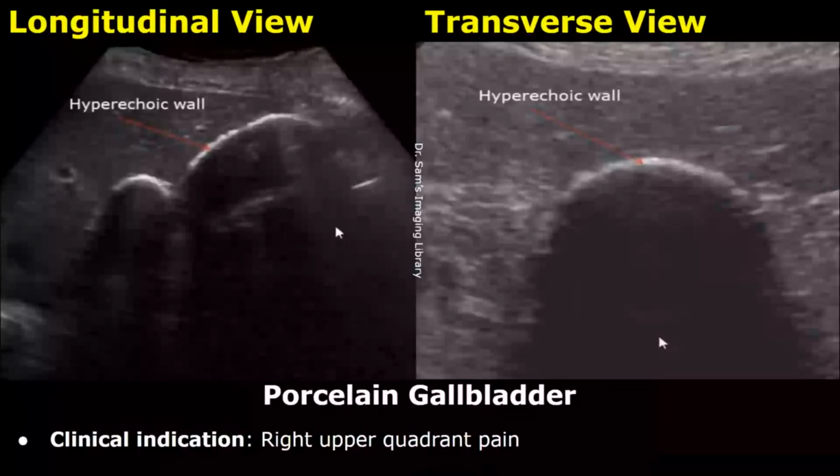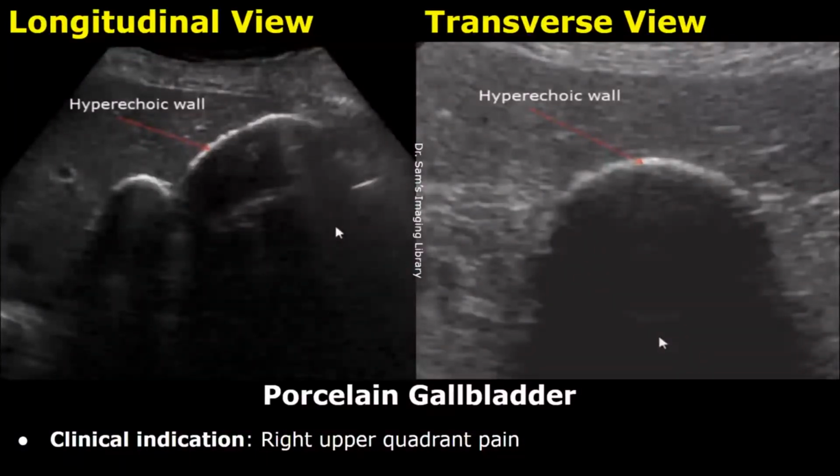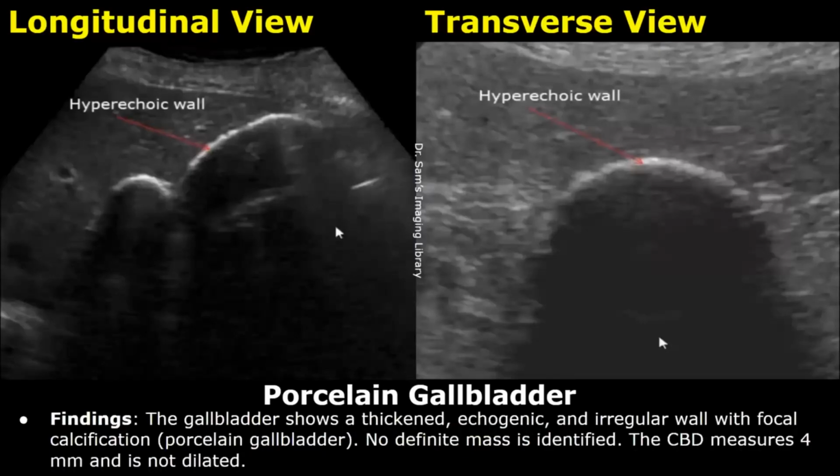This is a case of porcelain gallbladder. The indication was right upper quadrant pain. In the findings, you can write a thickened, echogenic and irregular wall with focal calcification. These can be the findings for porcelain gallbladder.